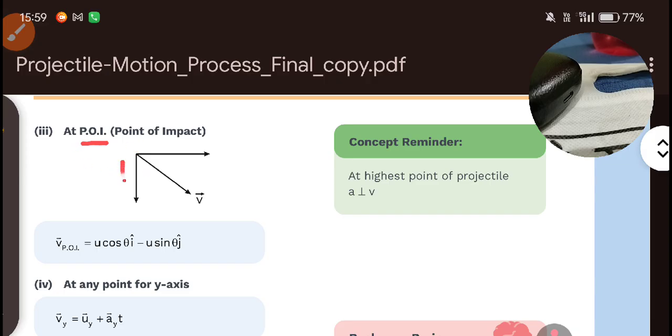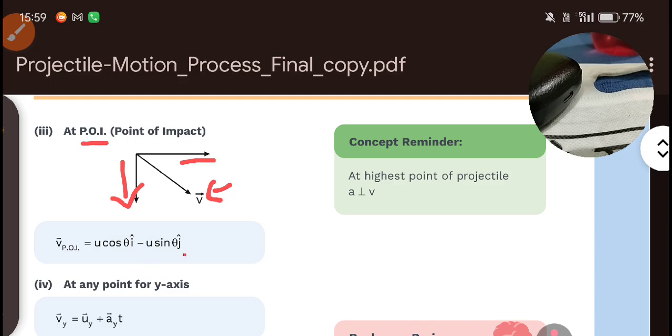Over here the velocity will be equal to u cos theta, which is constant, minus u sin theta z cap, because this is downward and initially this was upward. The magnitude will be the same, but the direction will be opposite.